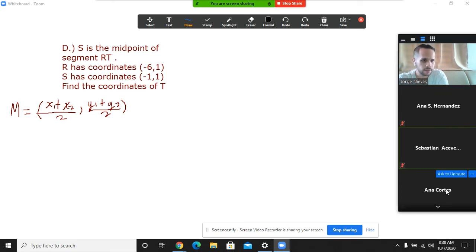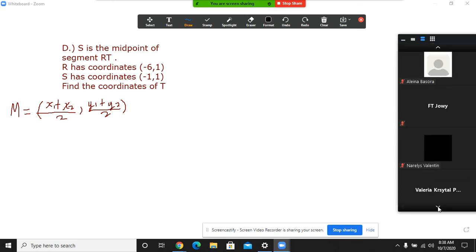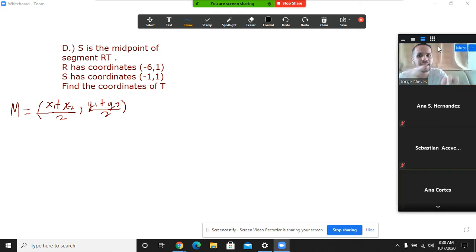Está ahí el problema. Exacto, porque ahí dice que S is the midpoint of the segment. So thank you. That's the first thing I have. Okay. So M is coordinates -1 and 1.